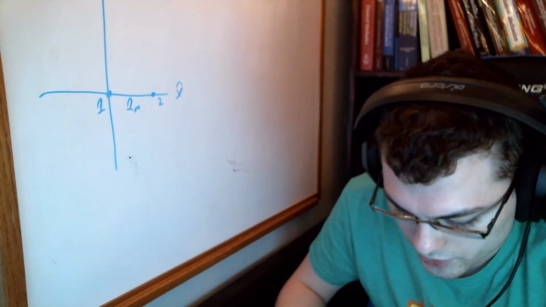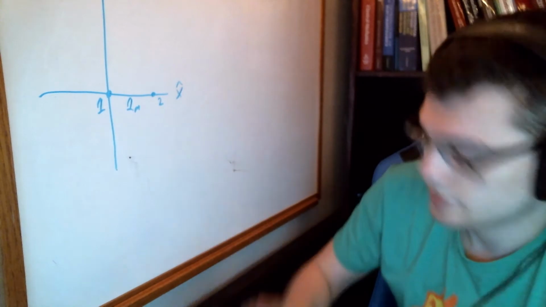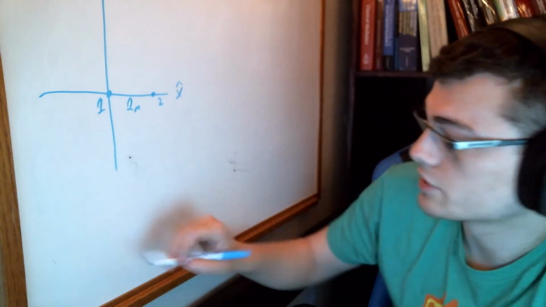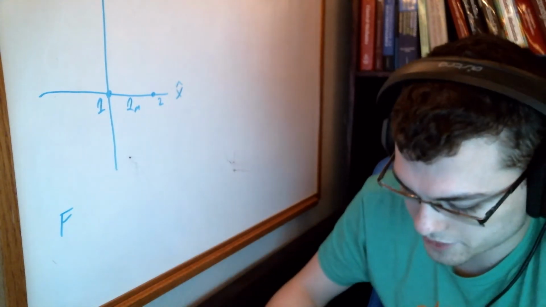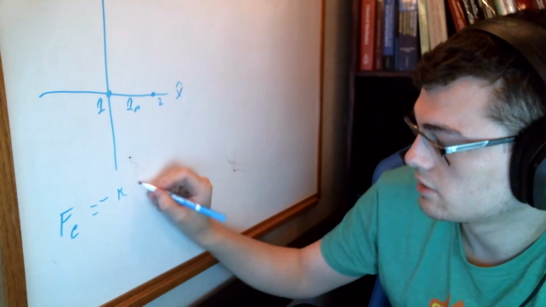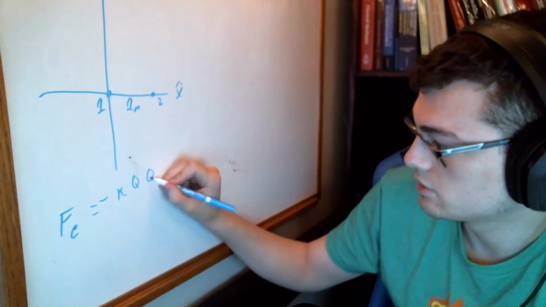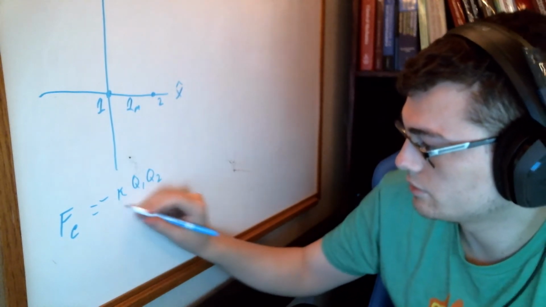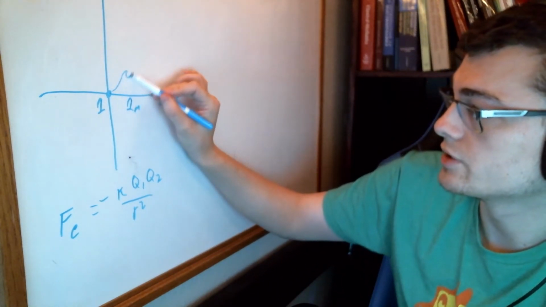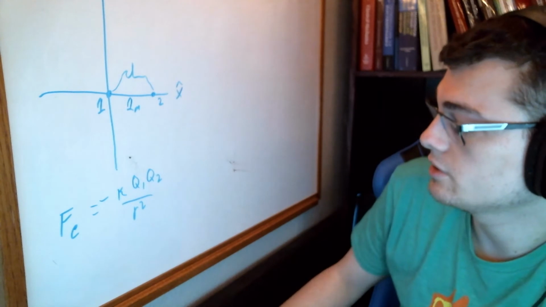So all you need to do to find the force between these two charges is take our electric force, Fe, equals K Q1 Q2 over R squared. Our R is going to be this distance here in between.